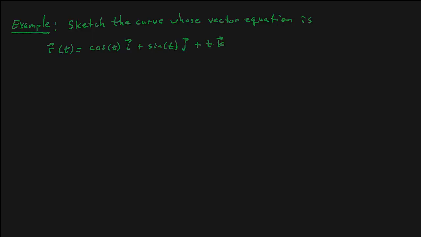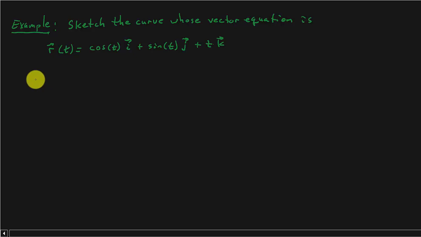So what we'll do first is graph the surface, and then we can graph our space curve. The space curve, like I said, is going along the surface. So let's work the example, and I'll explain more as I work through it.